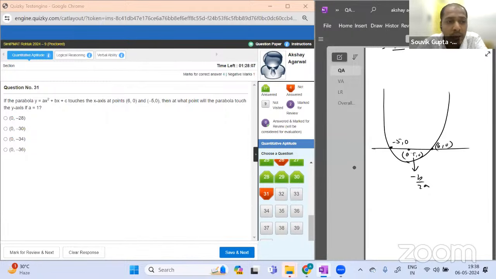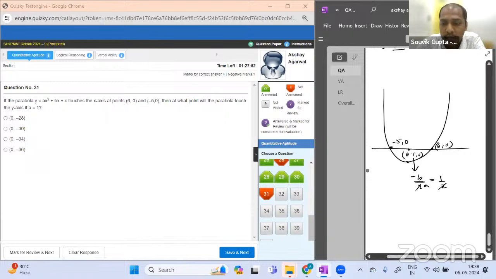So minus b by 2a is equal to 1 by 2. 2 and 2 get cancelled. a is equal to 1. So b is equal to minus 1. Therefore, x square minus x plus c equal to 0.